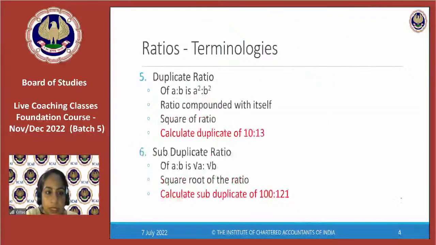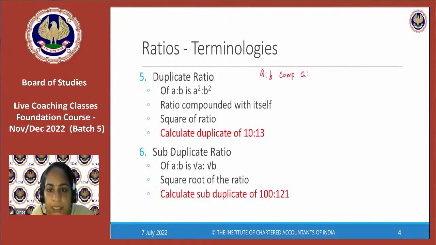Okay. Going next, further advancing. Just like compounded ratios, we have duplicate ratio. Actually, it is one step ahead of compounding. It is a kind of compounding ratio, but compounded with itself. That is, A is to B is compounded with A is to B again.